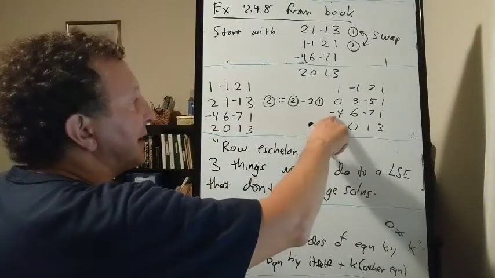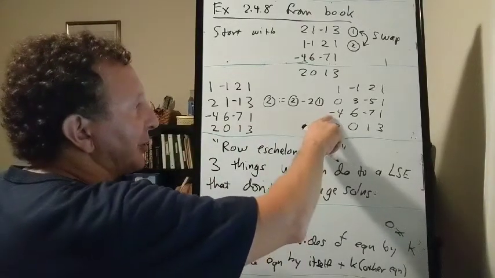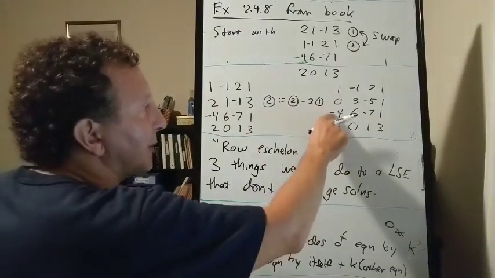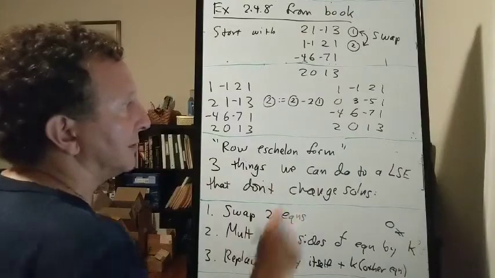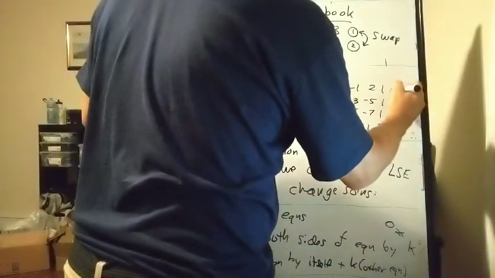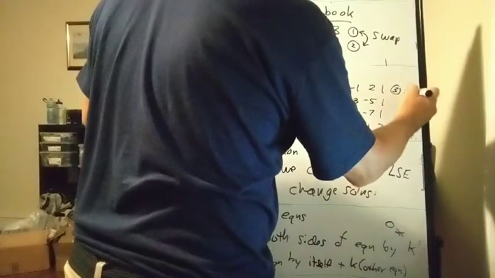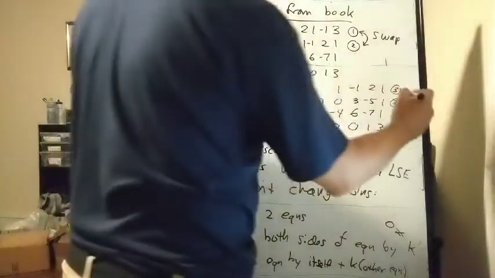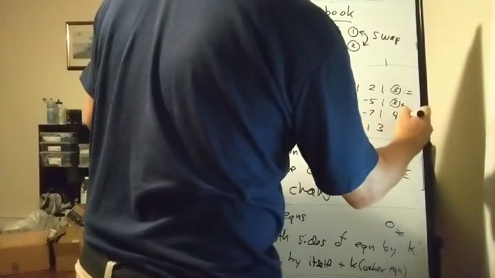Now to get rid of this negative 4, because we want the first non-zero entry of this row to be further to the right, we can add 4 times the first row to the third row. So let's say row 3 becomes row 3 plus 4 times row 1.